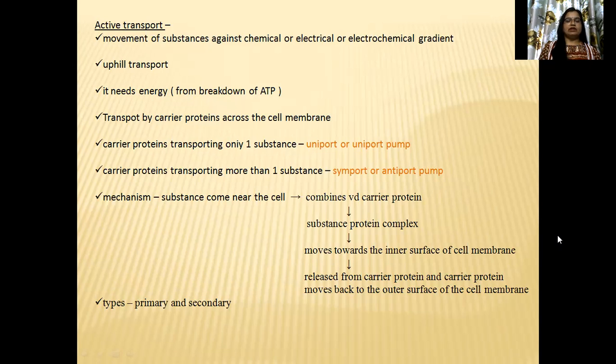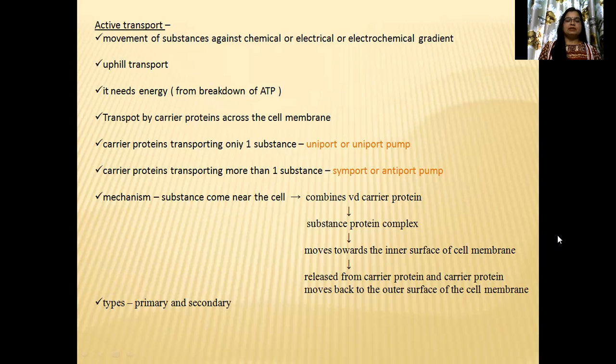Carrier proteins transporting only one substance are called uniport pumps, and carrier proteins transporting more than one substance are called symport or antiport pumps. Symport is when two molecules go in the same direction, and antiport is when two molecules go in opposite directions.